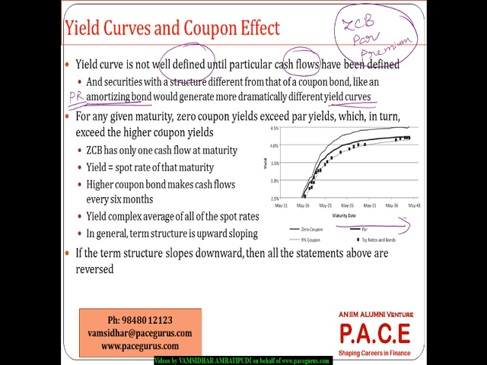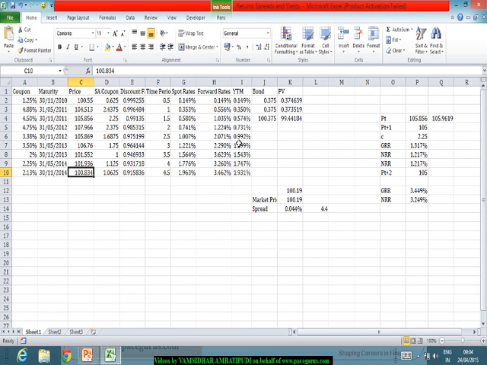Now let's look at it for any given maturity. I'm making a statement that the zero coupon yields will be more than the par yield, which in turn will be higher than the higher coupon yield. Now let's try pricing a particular bond. Let's say these are the different rates.